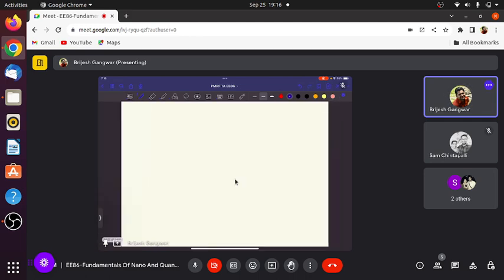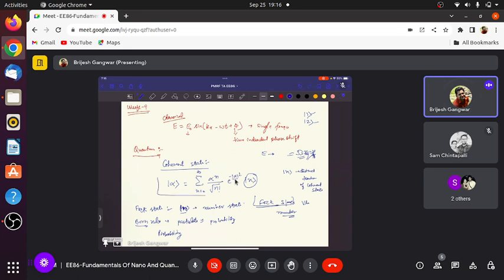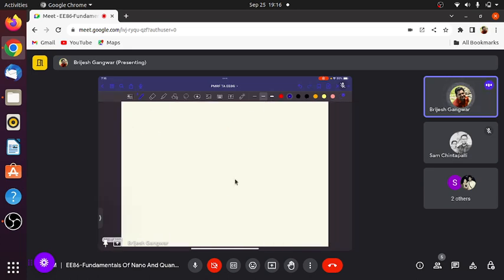If you have a coherent state, the probability of finding that coherent state can be given by alpha to the power 2n divided by n factorial, times e to the power minus alpha squared.